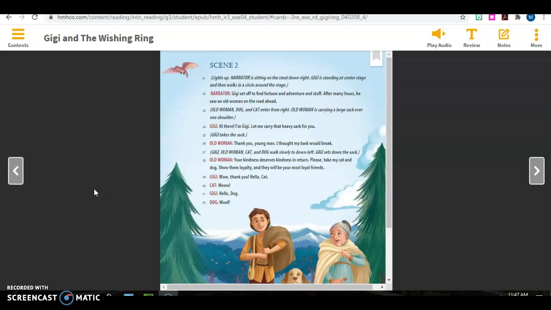I thought my back would break. Gigi, old woman, cat, and dog walk slowly to down left. Gigi sets down the sack. Old woman: Your kindness deserves kindness in return. Please take my cat and dog. Show them loyalty, and they will be your most loyal friends. Gigi: Wow, thank you. Hello, cat. Cat: Meow. Gigi: Hello, dog. Dog: Woof.